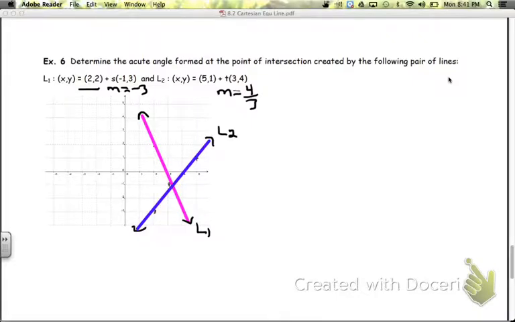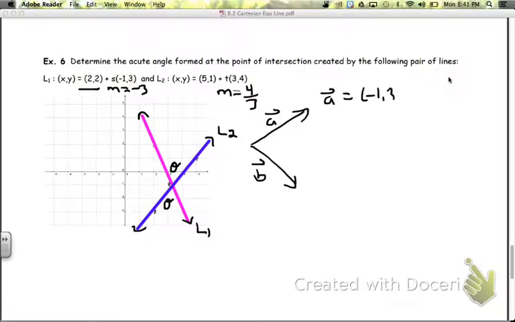Now the point of intersection here, the acute angle that's formed, is this angle right in between here. Since these are intersecting lines, I know that those two thetas are going to be equal to one another. So what we have is our vector A, which is equal to negative 1, 3, and our vector B is equal to 3, 4.